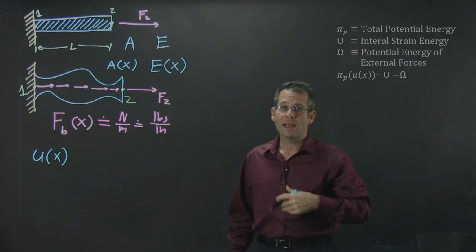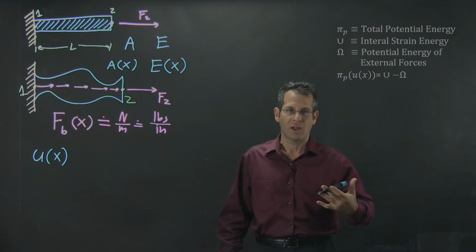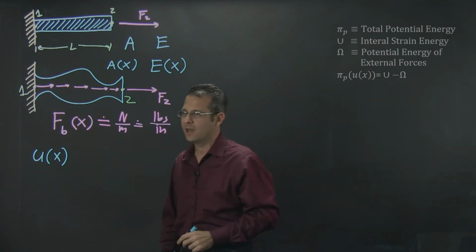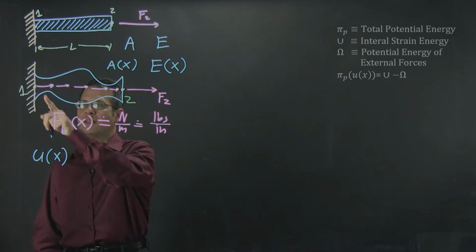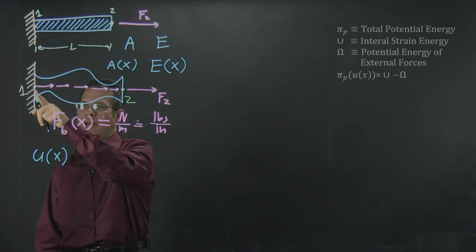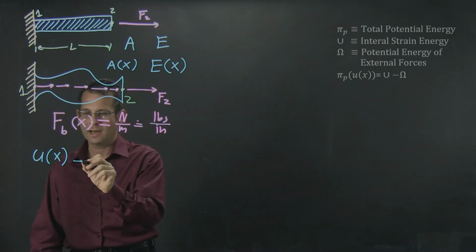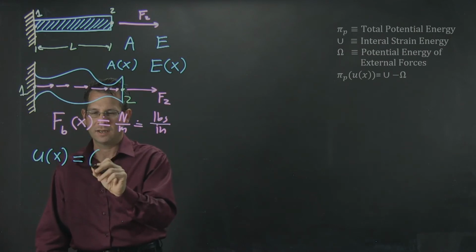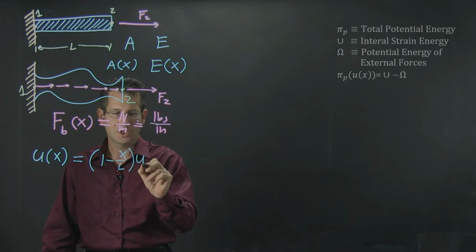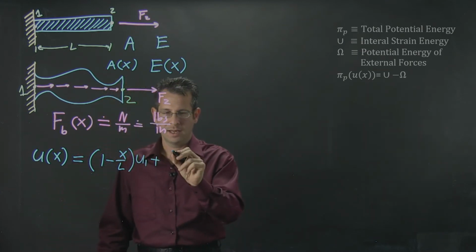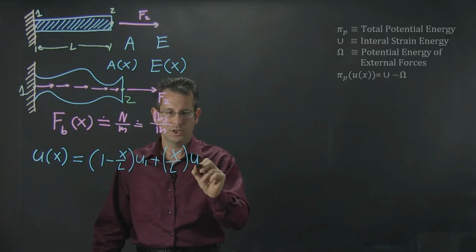If you recall from lecture 2, part 4, and if you don't recall, I suggest you go back and rewatch that video, I can approximate u of x, assuming that I know the displacement at node 1 and the displacement at node 2. I can approximate that as (1 minus x over L) u1 plus (x over L) u2.